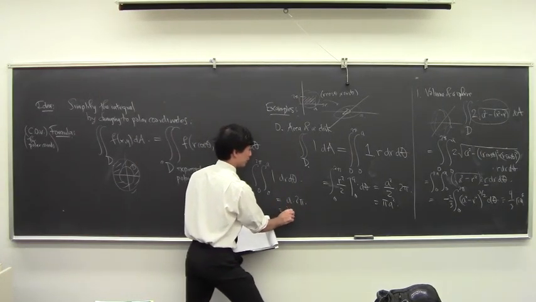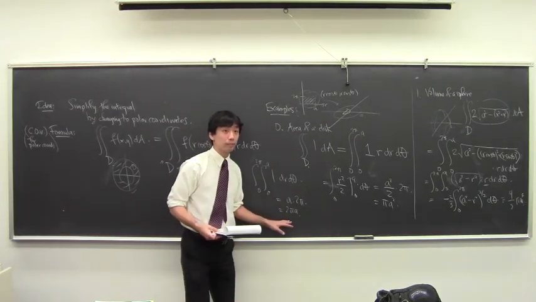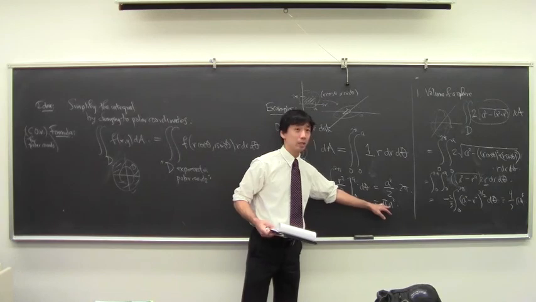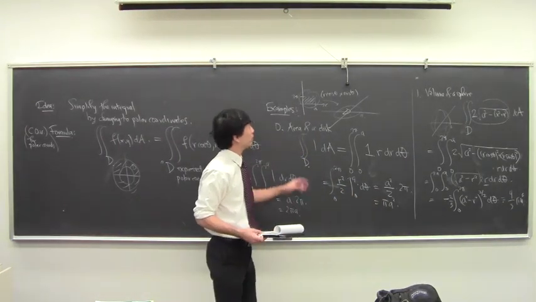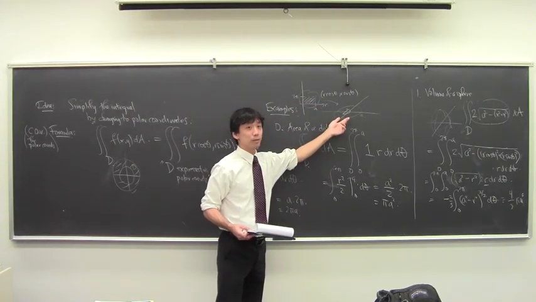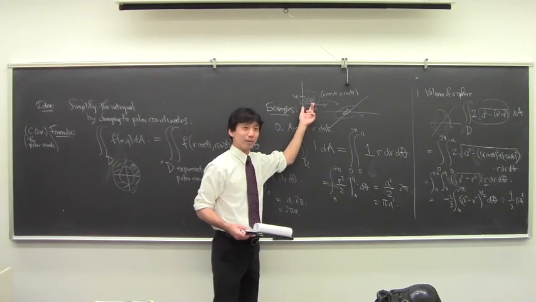You get 2 pi a, but you should have gotten pi a squared. Instead of getting the area of the circle, you get the area of a rectangle.